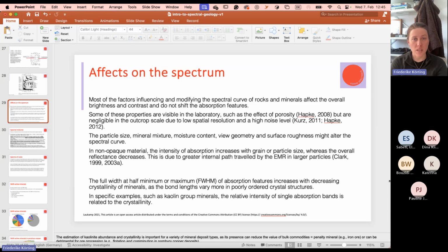For example, if we look at soil samples, that will have an effect. And then apart from porosity, the surface roughness and also the viewing geometry will potentially alter our spectrum. That becomes more interesting when we have topography, even if it's small topography within a small hand sample that we're scanning in the laboratory.